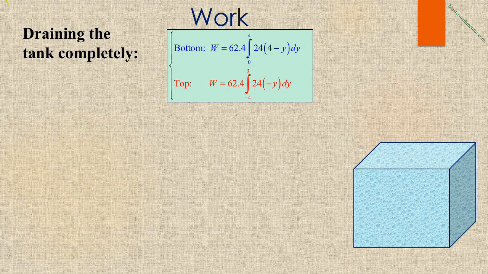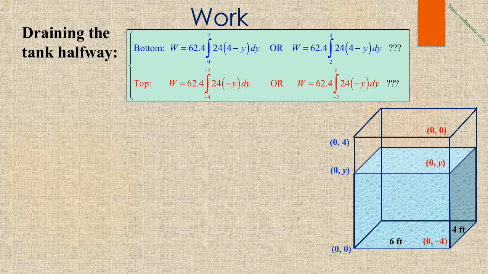We have seen the formula for draining the tank completely. If the origin was at the bottom, the work was 62.4 integral from 0 to 4 of 24 times 4 minus y dy. If the origin was at the top, our formula was W equals 62.4 integral from negative 4 to 0 of 24 times negative y dy.